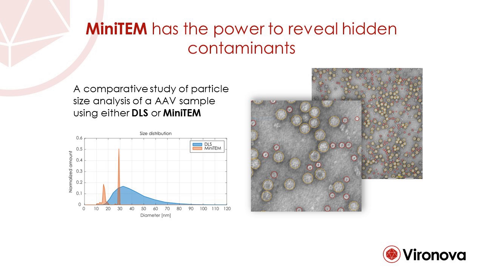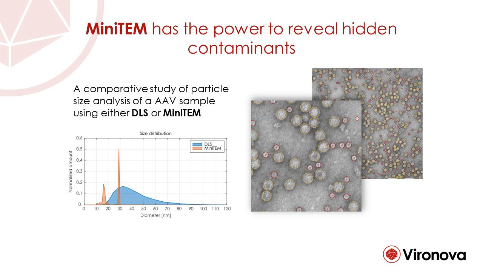To illustrate this property of the Minitime, we ran an AAV sample through a DLS and the Minitime system for a standard size distribution or size analysis. The DLS shows a very broad peak. That's the blue peak in the plot here.